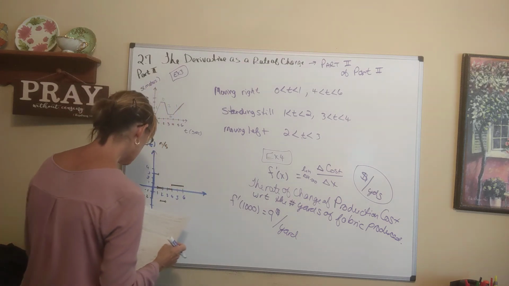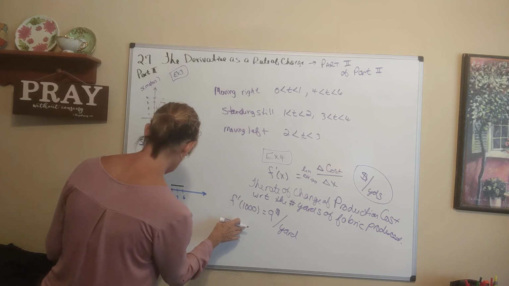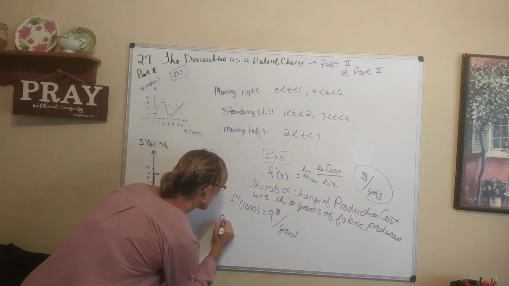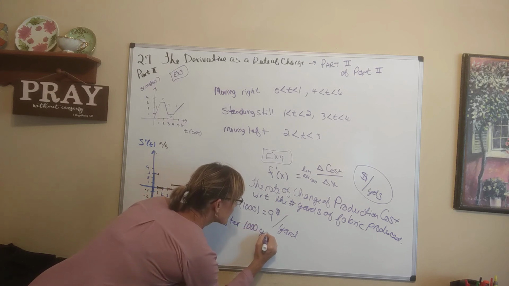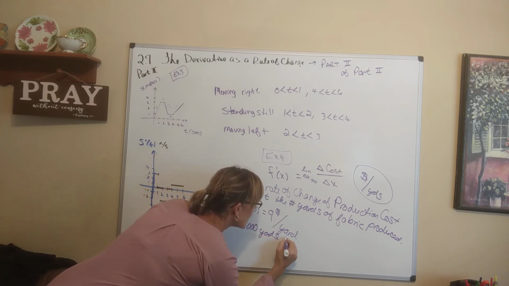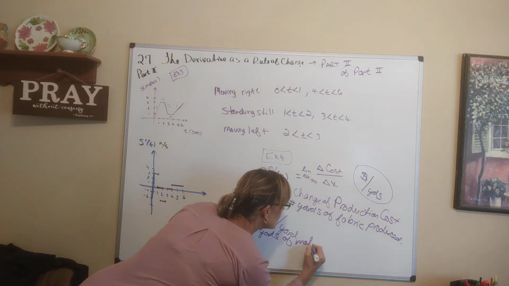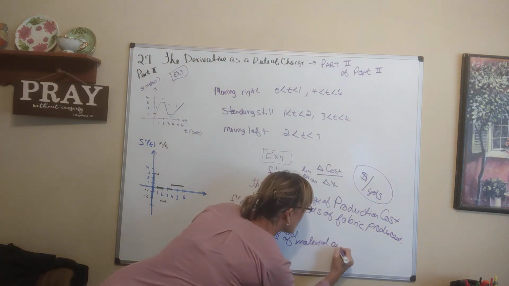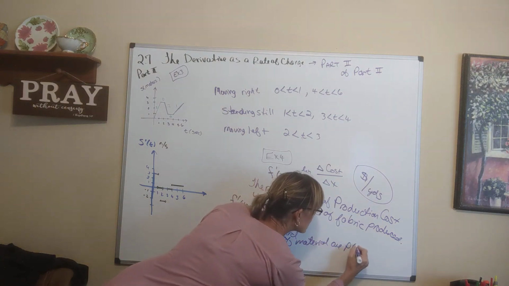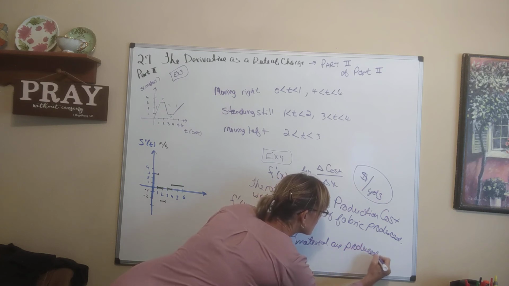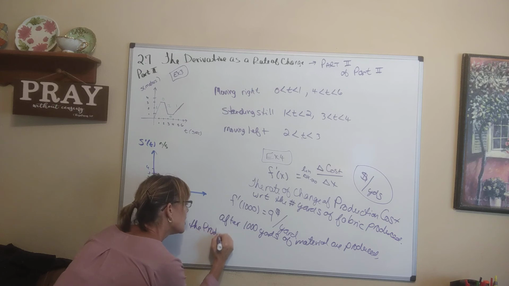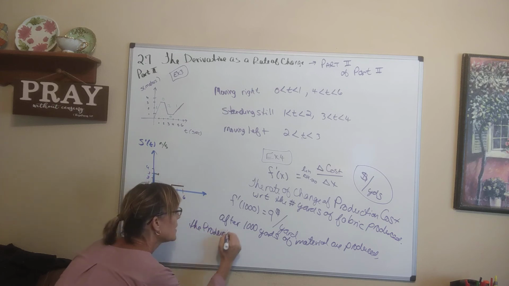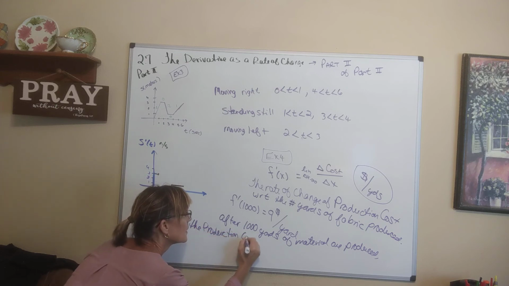So we would say that f prime of 1,000 equals 9 means that after 1,000 yards of material are produced, the production cost is increasing.